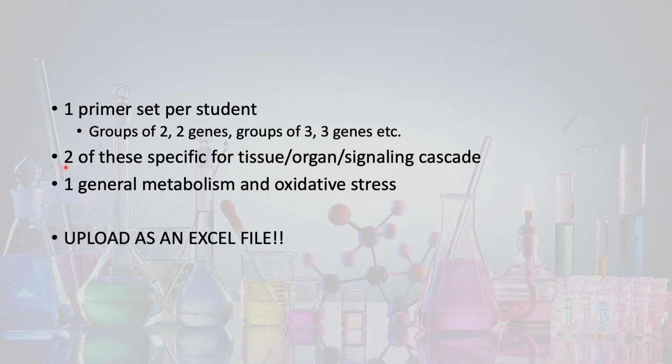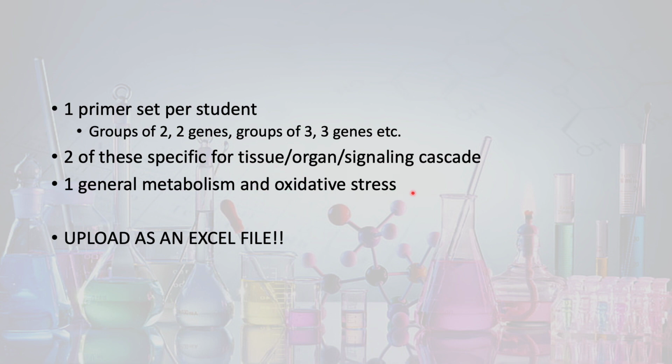And then if you picked, say, cardiac tissue or a signaling pathway in cardiac tissue, and you are struggling to find more genes for that, you can also choose to include one general metabolism gene or an oxidative stress gene, right?